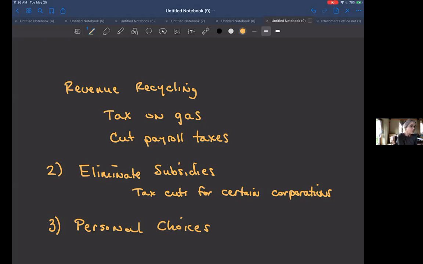So, you hear this: reduce the size of your house, reduce the number of cars you own, right? Reduce, reuse, and recycle.